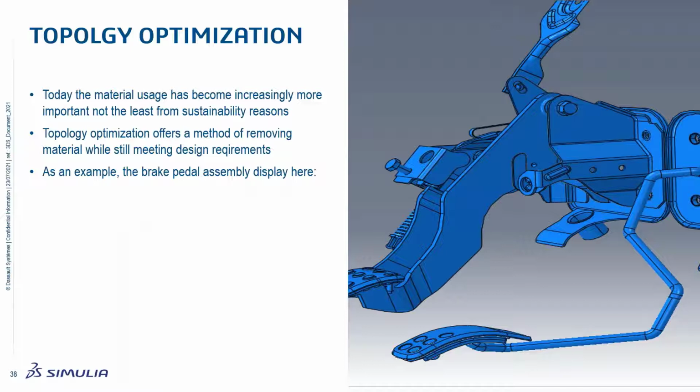So I touched on topology optimization earlier on, and with this example, I want to illustrate how topology optimization can be accessed easily with Abaqus software. As an example, we have this brake pedal assembly here. We see on the right hand side the full pedal assembly, but for this example we will focus on the brake pedal as isolated.